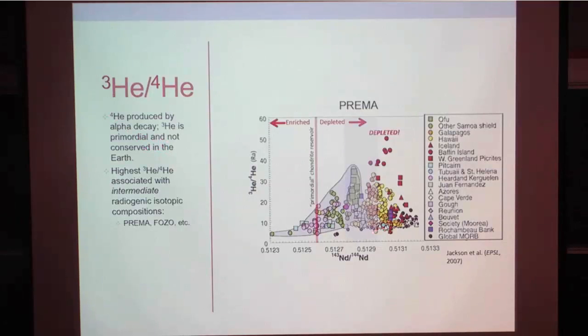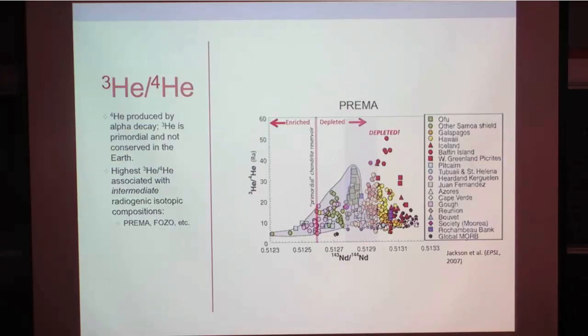One interesting thing is that we see, as Matt sort of mentioned, I borrowed this slide from him, that we tend to have the highest 3He/4He ratios not associated with primordial, at least if we believed a chondritic 143/144, but rather something more depleted, something more intermediate, and this would be PREMA.